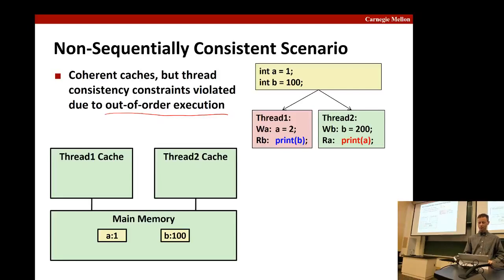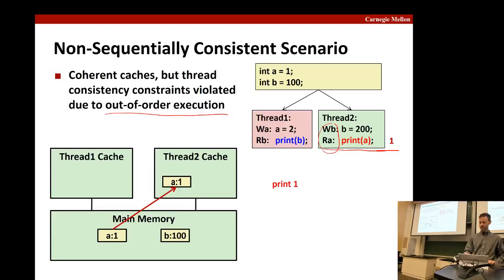So here's an example. Thread 2 has this pool of instructions it's trying to execute, and it includes both these 2 instructions. It has different functional units, and it so happens that this one happens first.